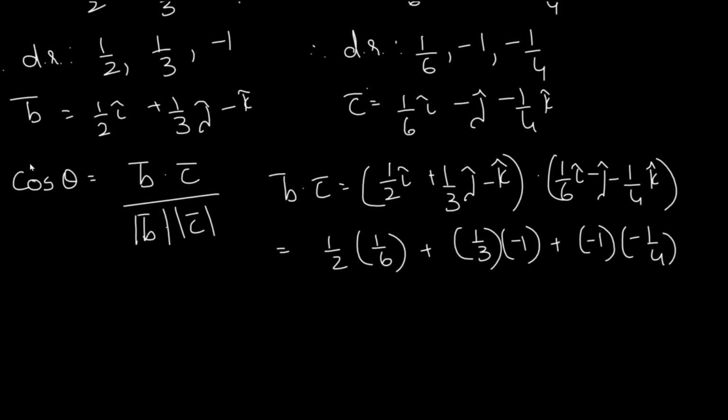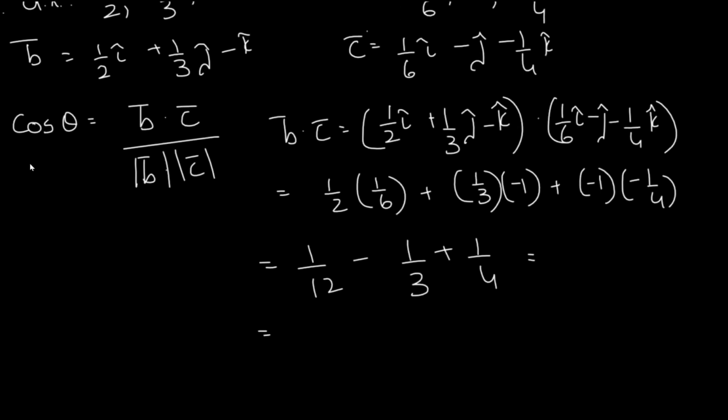Thus, our value comes out to be this way, that is 1 upon 12 minus 1 upon 3 plus 1 upon 4. Now, cross multiplying and equalizing the denominator, the LCM is 12. So here, in the numerators we are going to get 1 minus 4 plus 3 upon 12, which comes out to be 0.